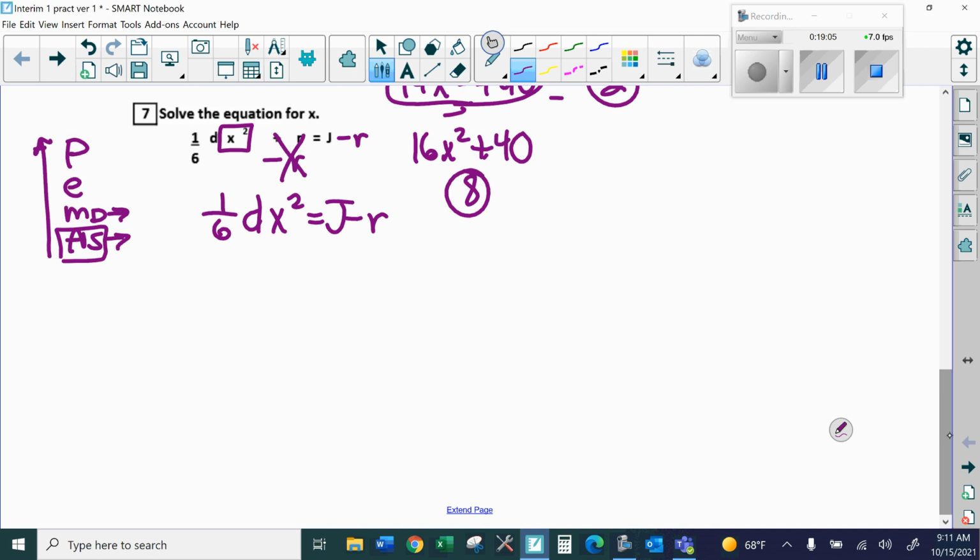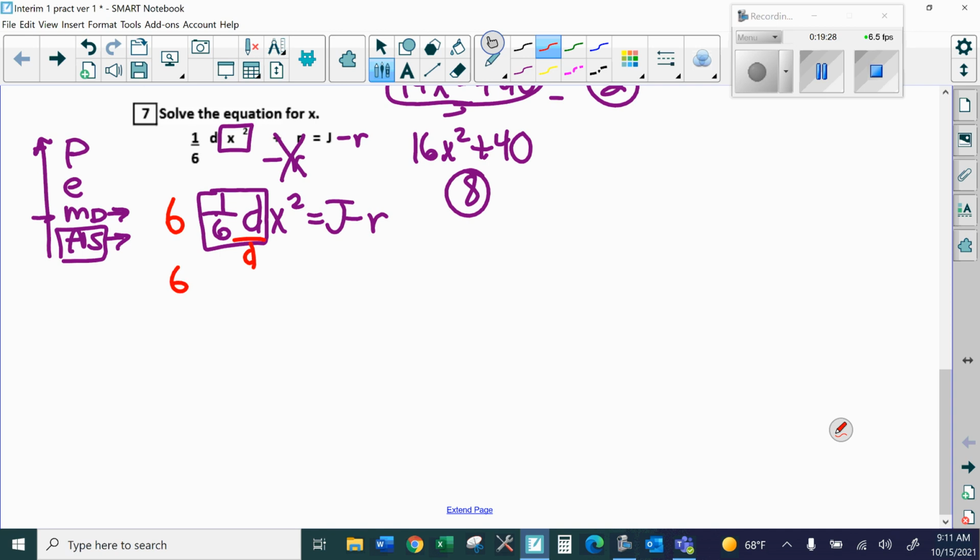This is all multiplication, so I can get rid of these 2. Remember, I'm only getting rid of a part of a term here, not the full term. So when I'm getting rid of a part of a term, that's going to be multiply or divide. Well, the reciprocal of 1/6 is 6. That gets rid of that, and division to get rid of the d.